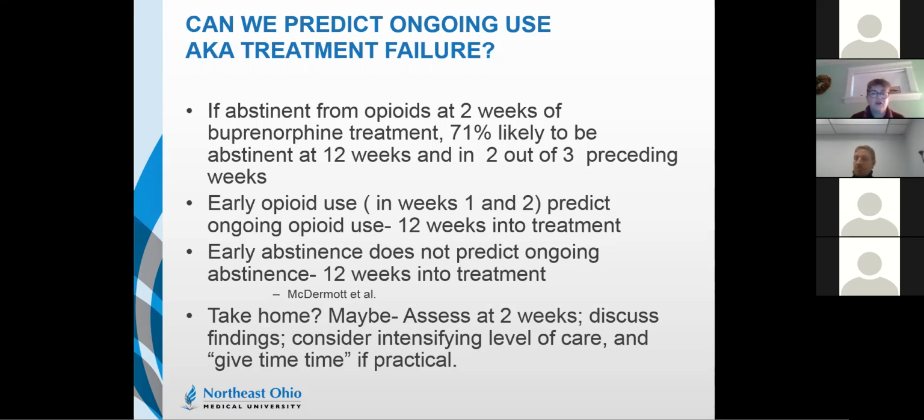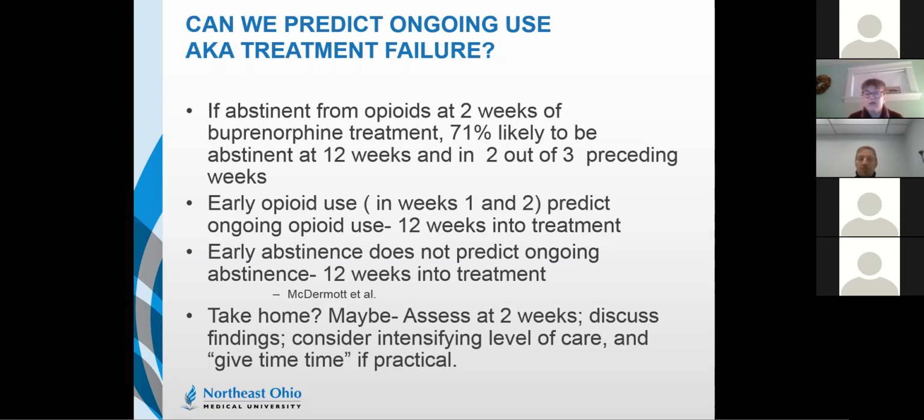They did frequent urine screens to look at who was abstinent from opioids. It tells you that people did not achieve perfect abstinence by any means, but that early abstinence was predictive of some abstinence at 12 weeks.